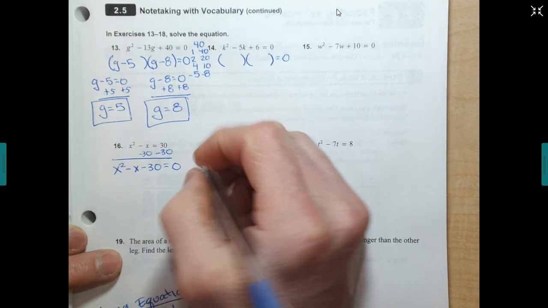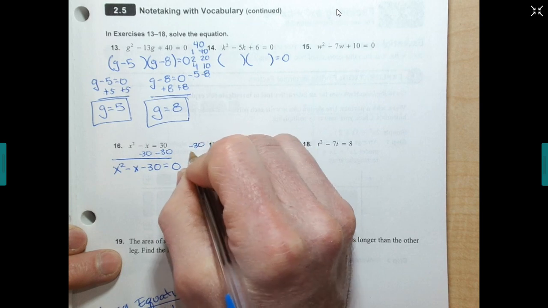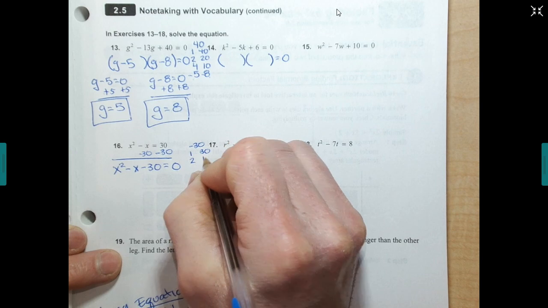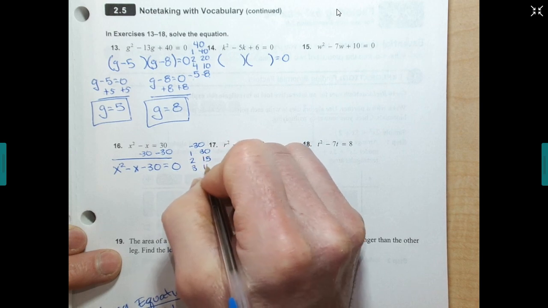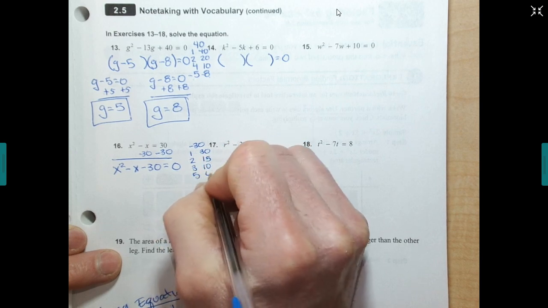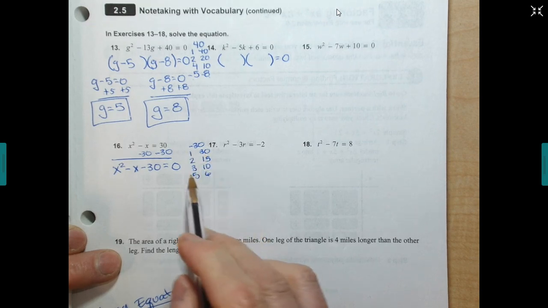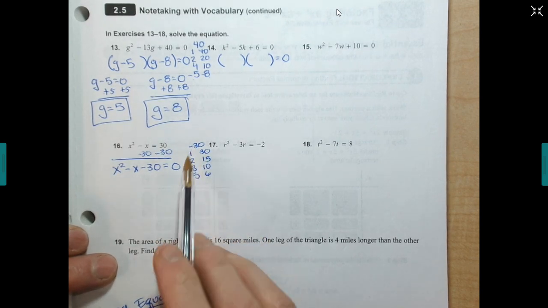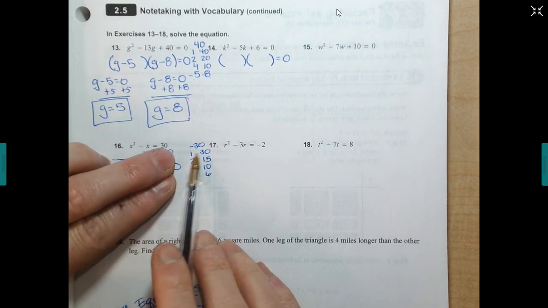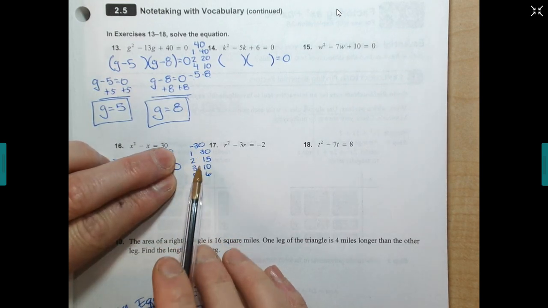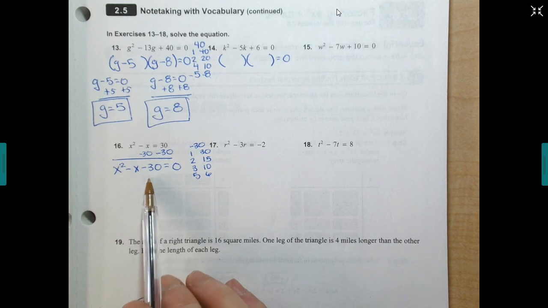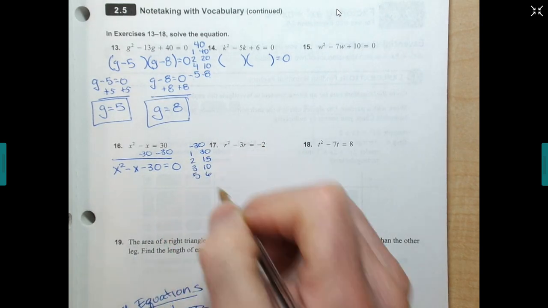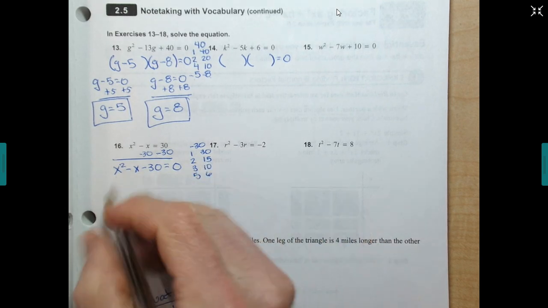So I'm going to take my negative 30 and find my factors. There are all my factor pairs of 30. And so since it's negative, I either need to leave them both positive or make them both negative. Oh, no, I'm sorry. This is a negative 30. So one of these is going to be negative.